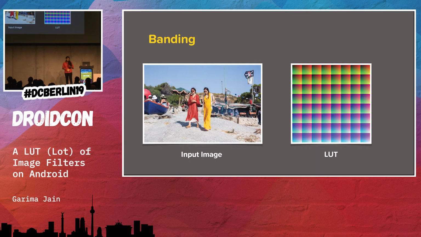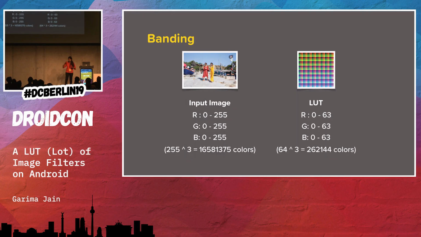Why is this happening? I briefly touched upon it, but let's look at it in a bit more detail. We have an input image and we have our LUT. Our input image's R, G, and B channels can take values from 0 to 255, but our LUT can only map from 0 to 63 because it is a 64 cross 64 LUT.